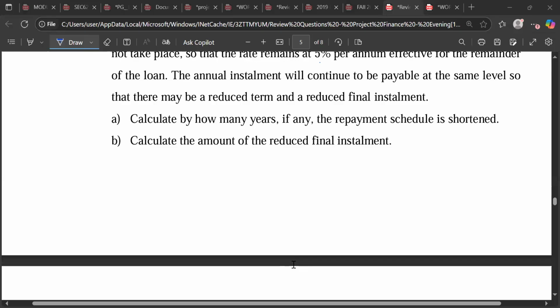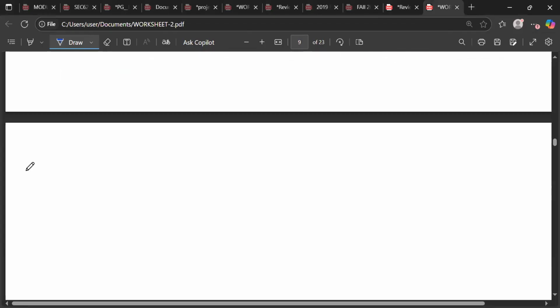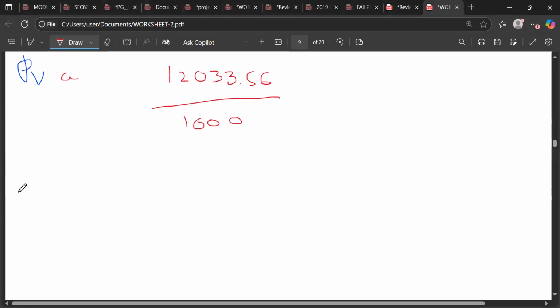So all we do is find the present value of the actual annuity factor. Our initial amount was 12,300.56 here. Now, dividing this over 1,000, the equal payments, will give us our annuity factor. Remember, the present value of an annuity is PV equal to A times the present value interest factor of the annuity.